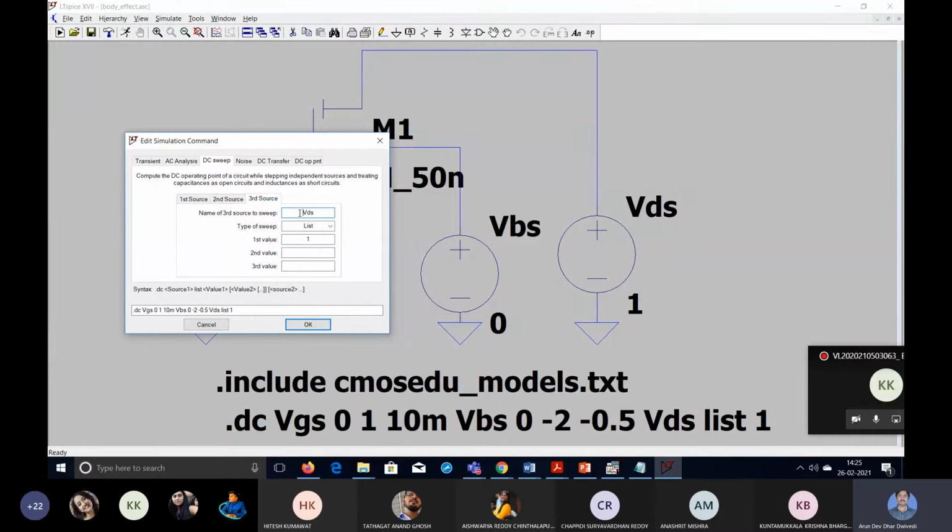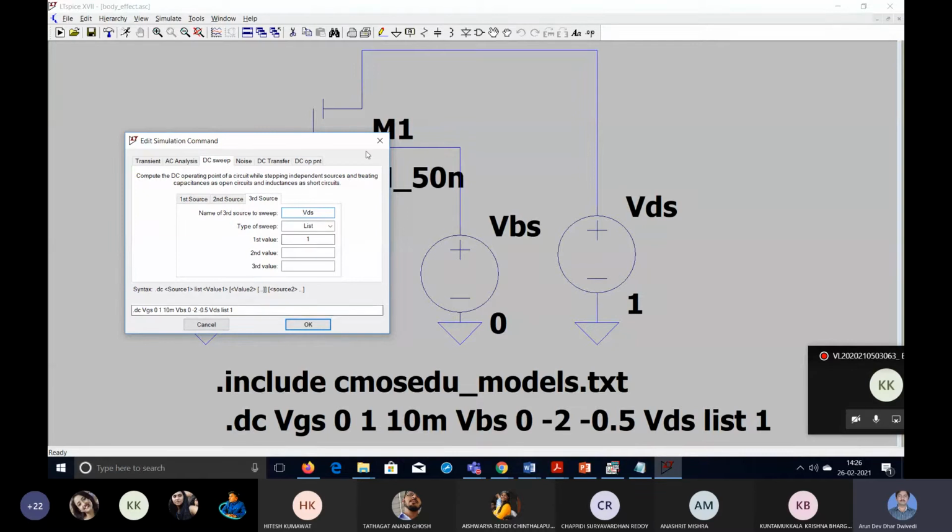Third voltage source we have provided VDS, but we don't want to give too many values. We want to fix for each plot its value as 1 volt. So VDS, then list. Instead of linear ramping, we are providing a list. A list can also be provided, at least 3 values, it is given in this GUI. But I don't want too many values. I want only 1 value. So VDS is given only 1 volt.